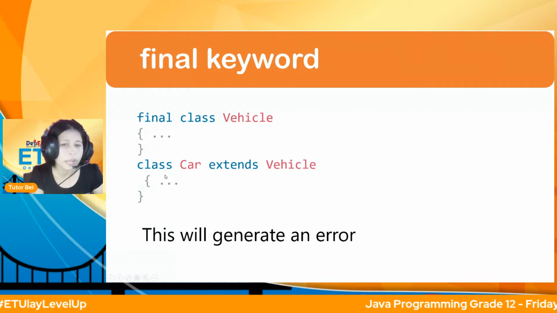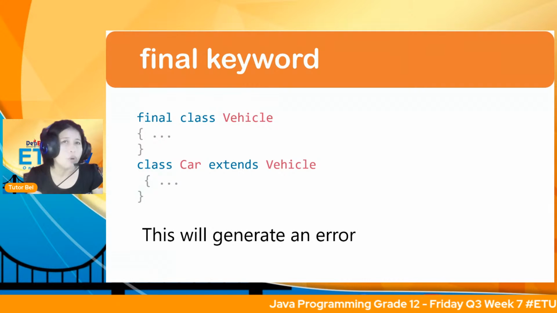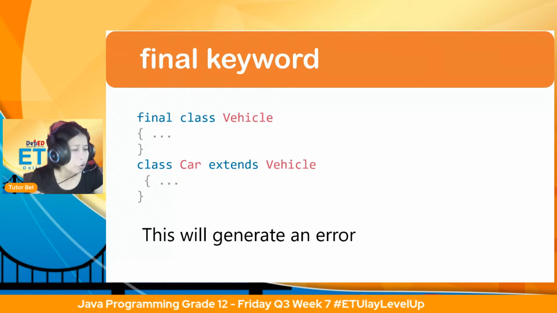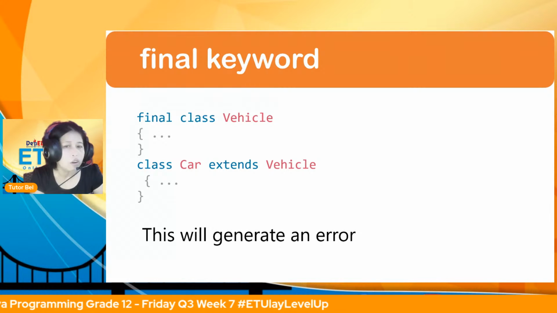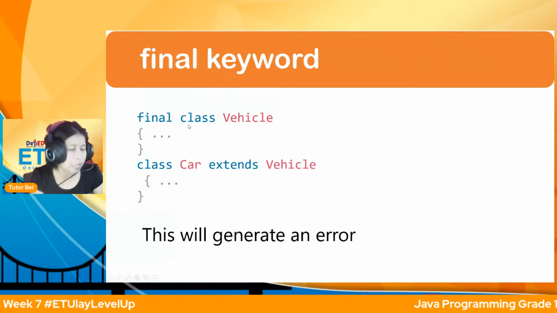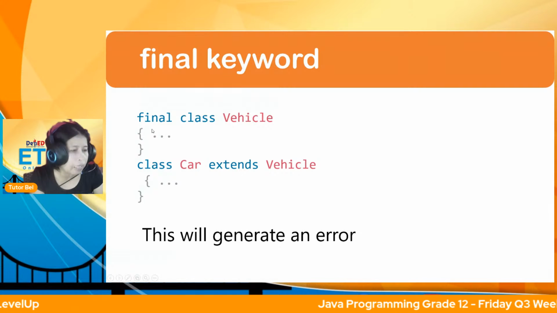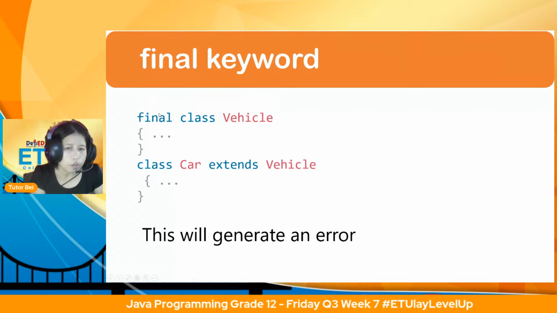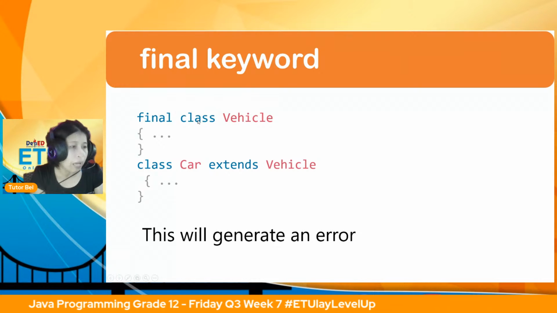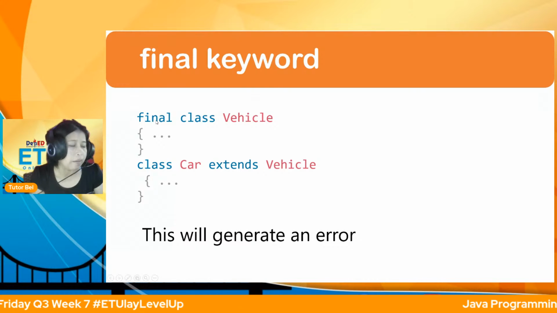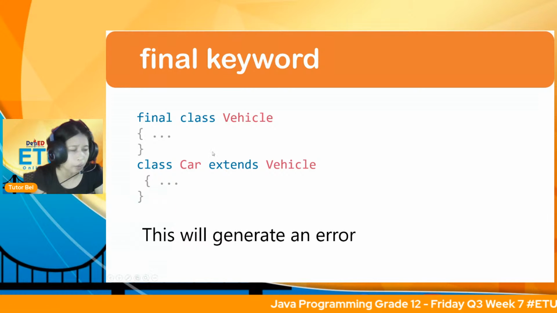You cannot have a derived class from this base class Vehicle because it has the word final before the class. So this will generate an error.